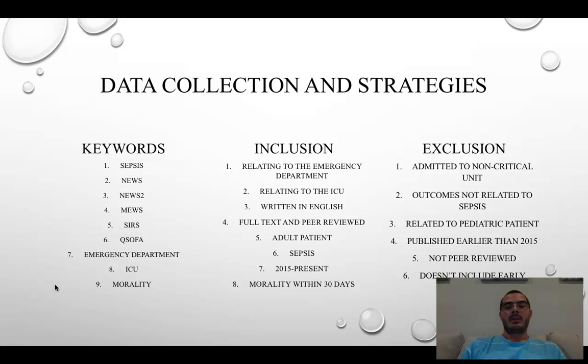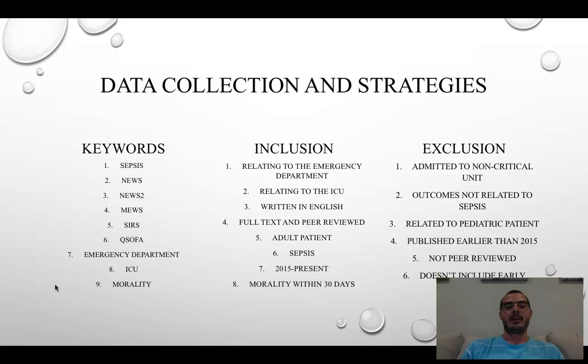Some of the key words that I used in collecting data were sepsis, NEWS, NEWS2, MEWS, SIRS, qSOFA, emergency department, ICU, and mortality rates. NEWS is just an acronym for the National Early Warning Score, and then there's been some variations in the scoring system since it was started.